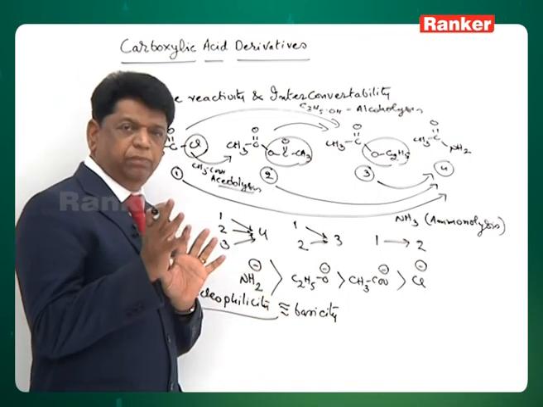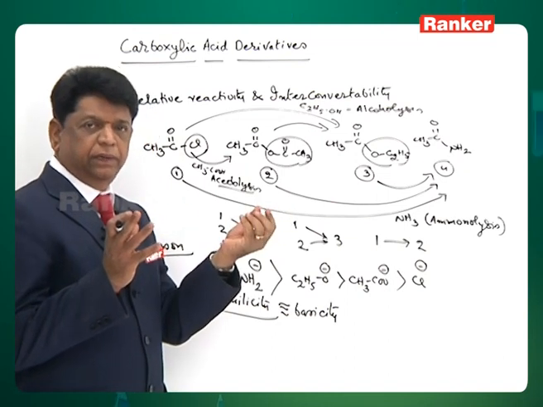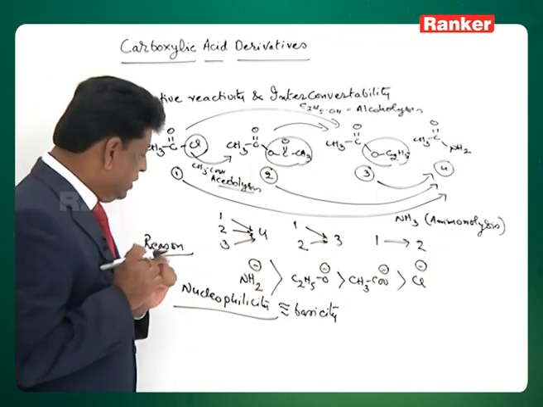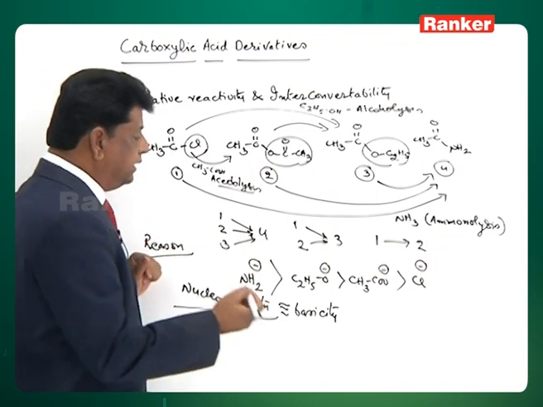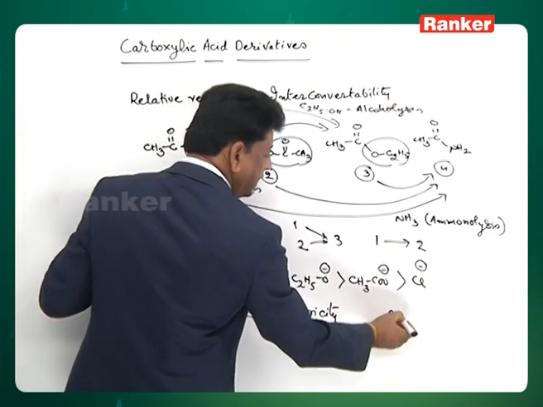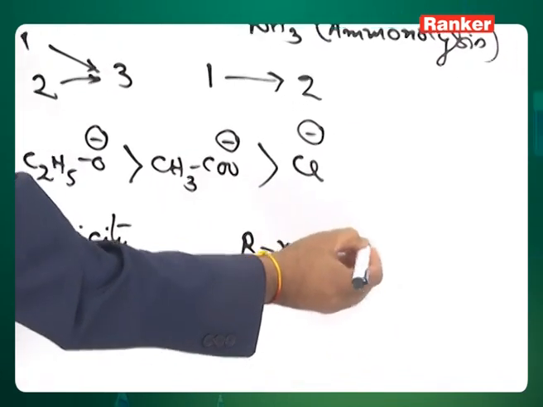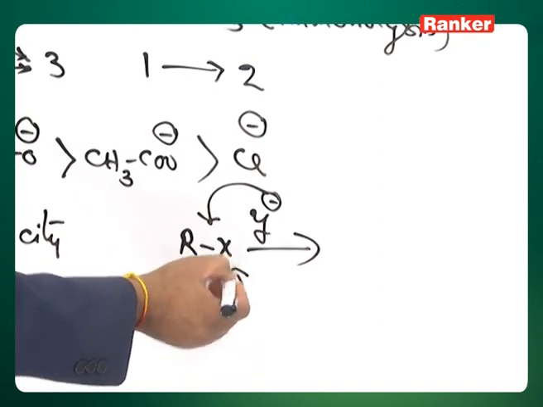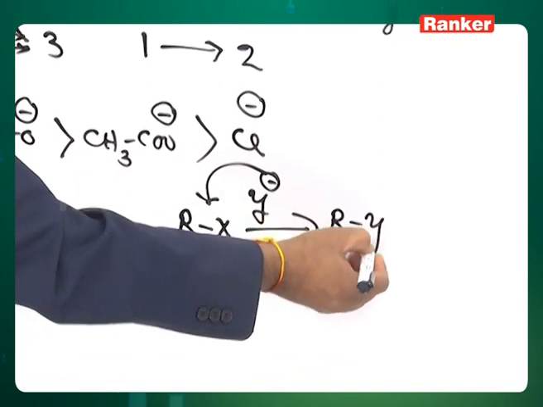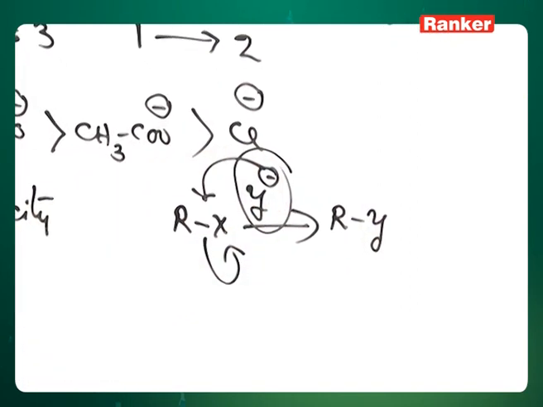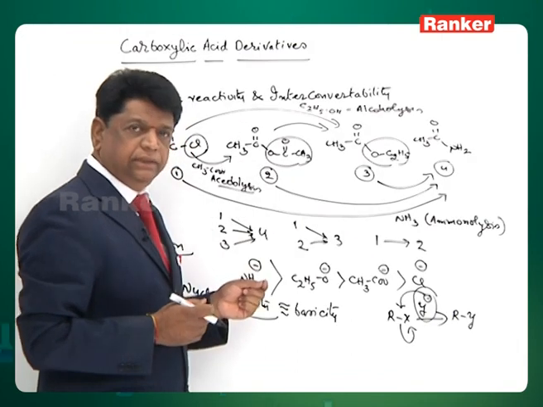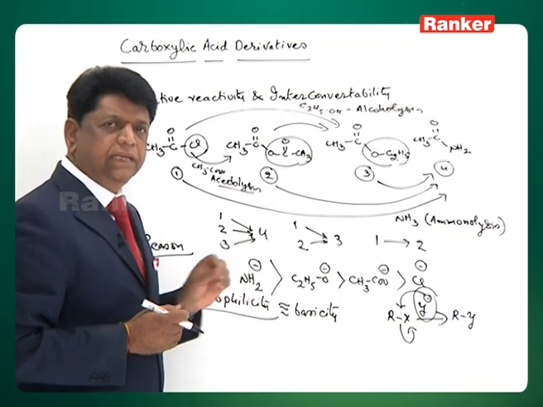Base means OH minus reacts with H plus and forms water. In this, replaceability will not come. Nucleophilicity means there is a nucleophilic substitution, like R-X treated with Y minus, where Y minus replaces X minus, so you get R-Y. The Y minus is now called a nucleophile, while OH minus reacting with H plus is just an acid-base concept.